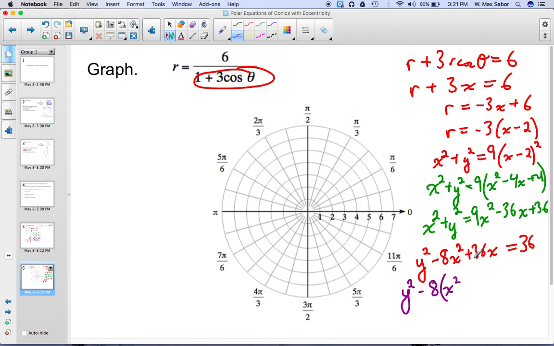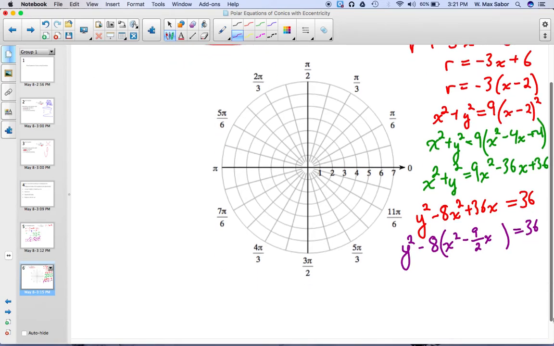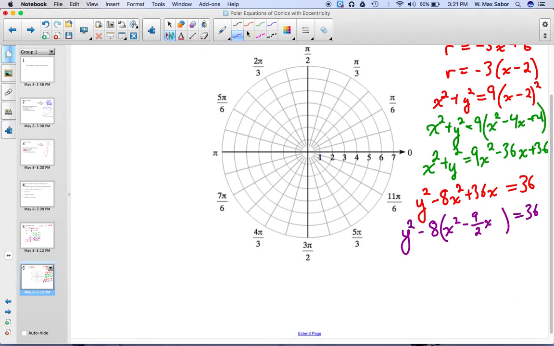We need to factor out a negative 8. So it's x squared minus 36 divided by negative 8. Well, 36 divided by 4 is 9, so 9 halves. Now we need to add something to both sides.